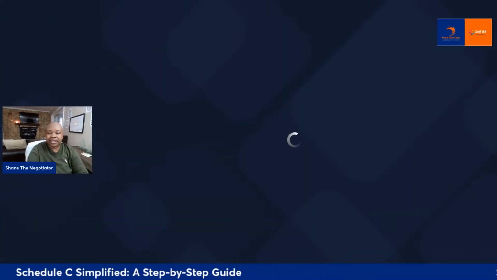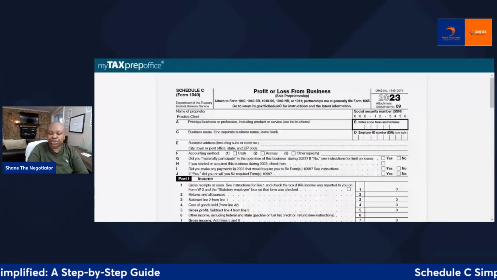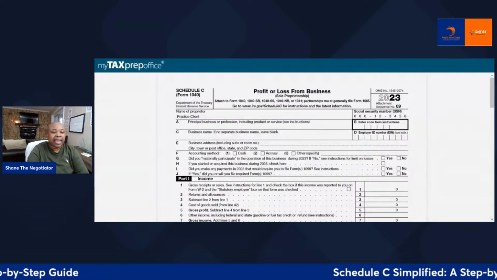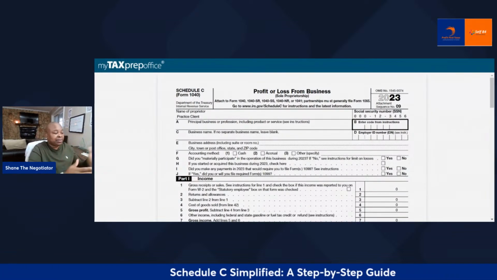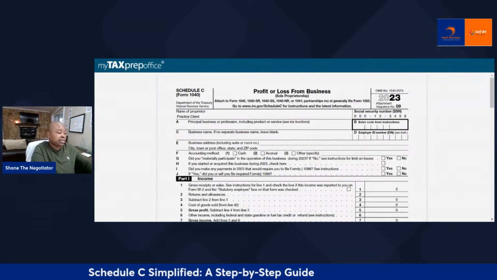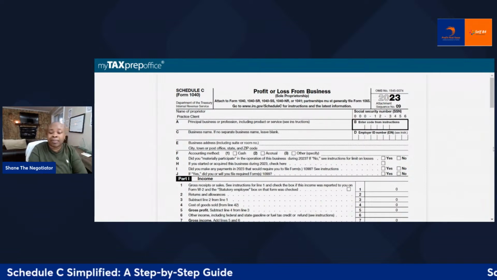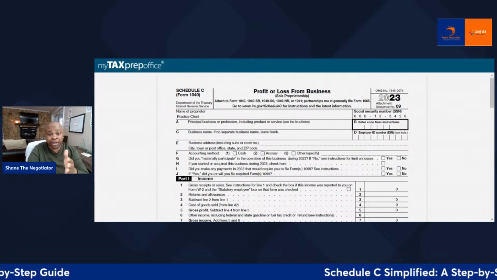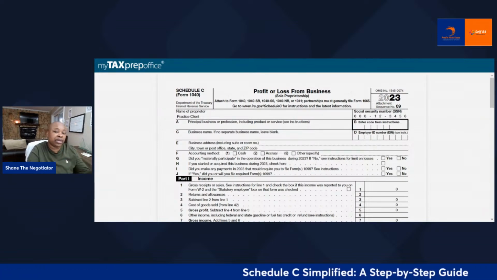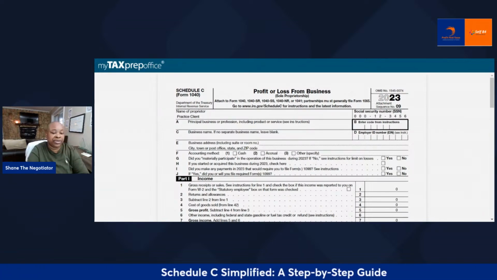Yep, here it is. So I found it. All right. So here is our Schedule C. And I'm going to be sometimes looking here and sometimes I'm going to be looking at the other screen because the Schedule C I pulled it up on my other screen. So that's what happened when you see me kind of looking back. I'm talking to you guys on the camera, but I'm also sometimes looking at the Schedule C over here.